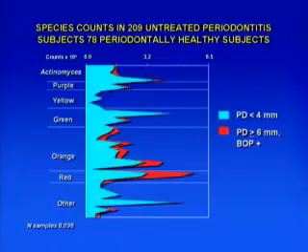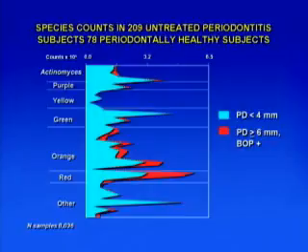If we now look at the microbial profile of sites in the same subjects where the pocket depth was less than 4 millimeters, i.e. the so-called healthy sites in these diseased patients, we note that the profile is a little bit different. We have significantly lower levels of orange and red complex species.